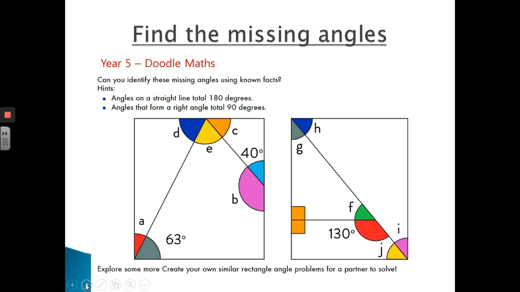Okay, and then you can find out D, because you know A by that point. There's a right angle at the top, so you can subtract that from 180 to find out D. So a nice sort of problem solving activity there, finding out your missing angles. Just have a pause and see if you can answer some of those using the rules that we've talked about.